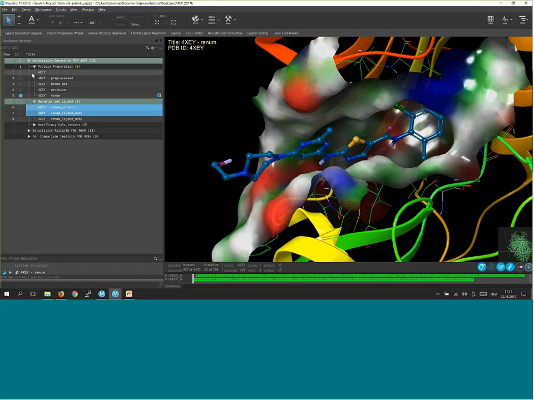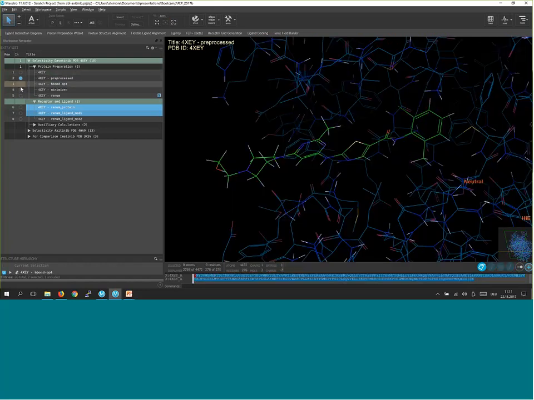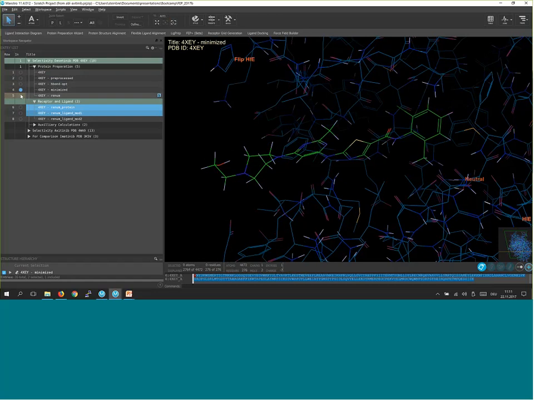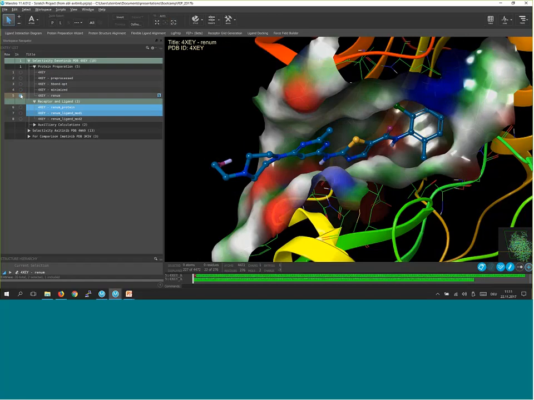This is a crystal structure of now the dasatinib inhibitor bound to Abl kinase. It went through the standard protein preparation steps that we always undergo, had its force field parameters derived by our force field builder GUI.